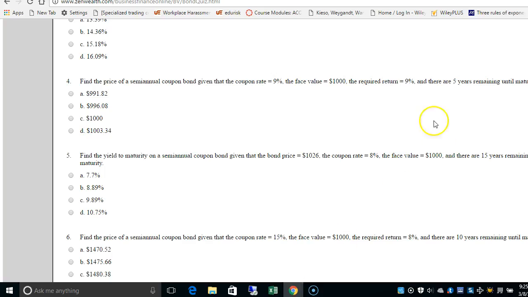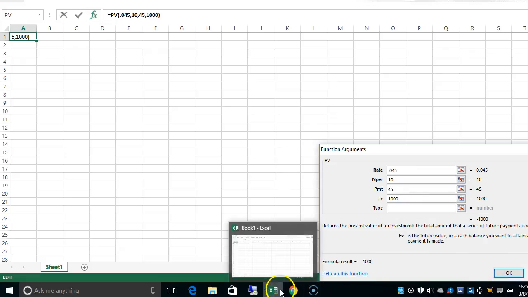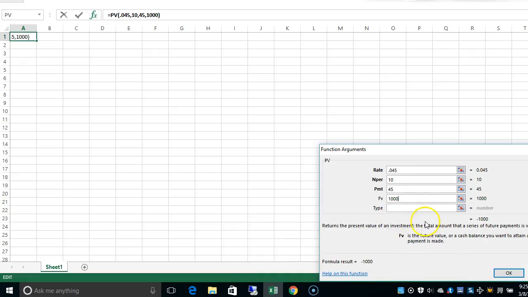Number of periods is 5 years times twice a year is going to be 10. And the face value is 1,000. So we should basically be paying face value for this because the rates are the same.